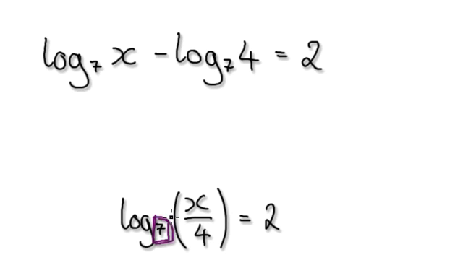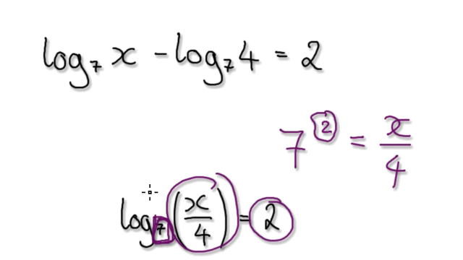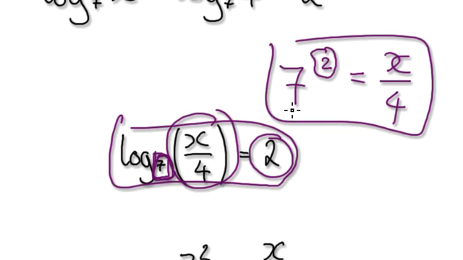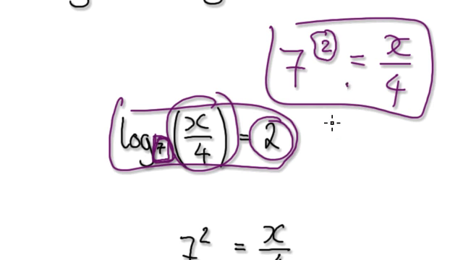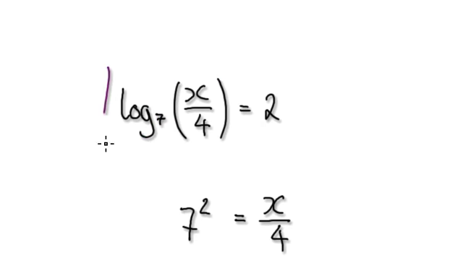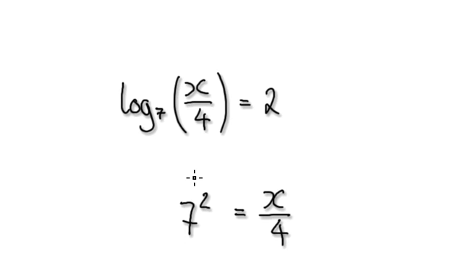So your eyes should zoom into the 7. 7 to the power of what will give us this thing here over 4. The what in this case is the 2. So this translates to this, which is the same as this here. Translate it to this, and now it's just a matter of solving for x.